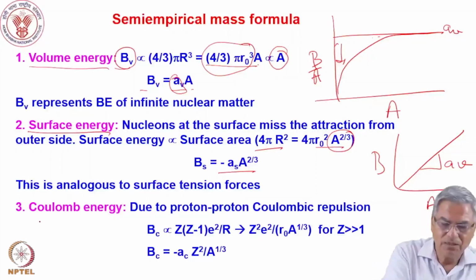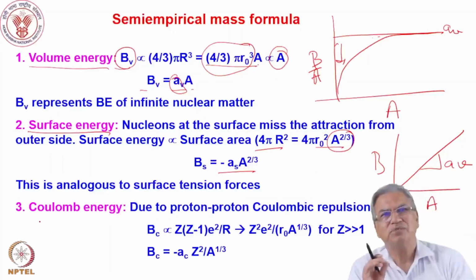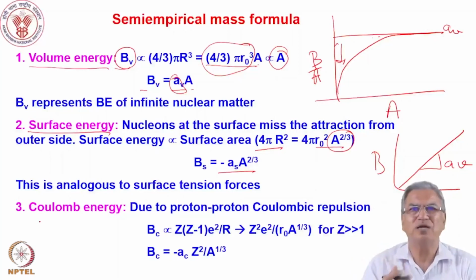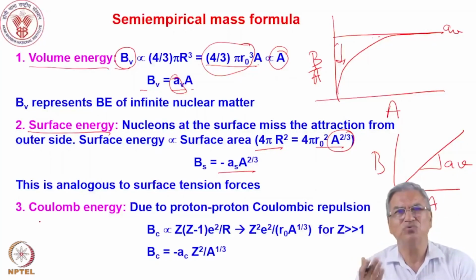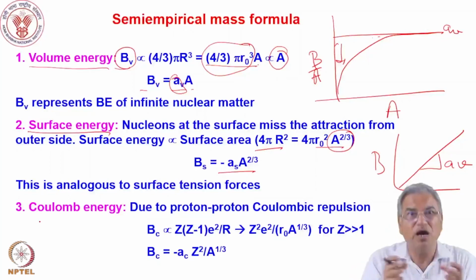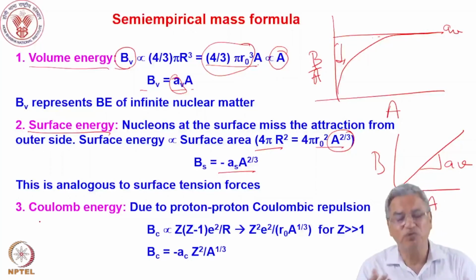Third term is the Coulomb energy term, and this Coulomb energy term is coming into the binding energy because the protons are repelling each other, and so they will try to destabilize the nucleus. So they would like to be away, and so for the Coulomb energy term there is again a subtraction to the volume energy term.